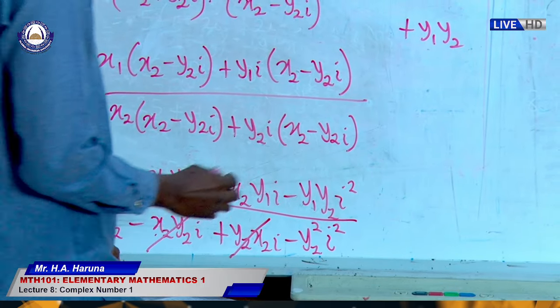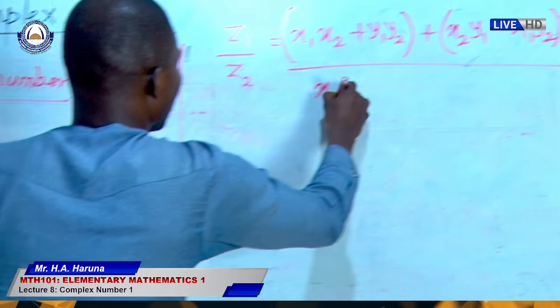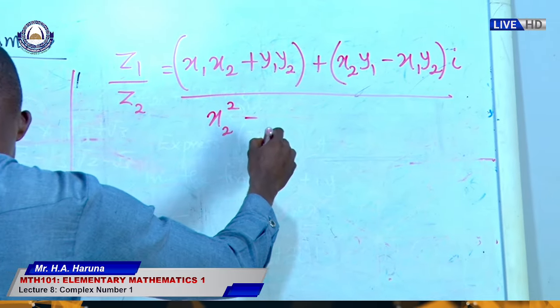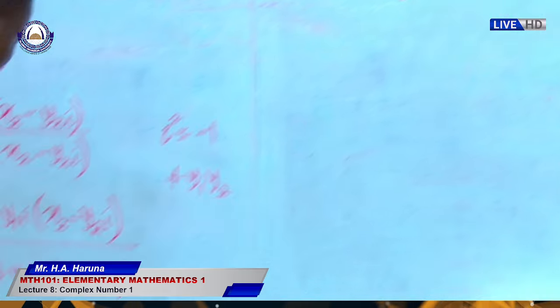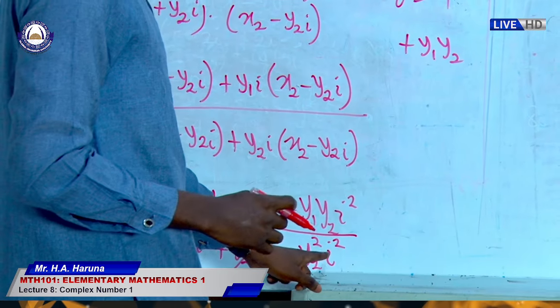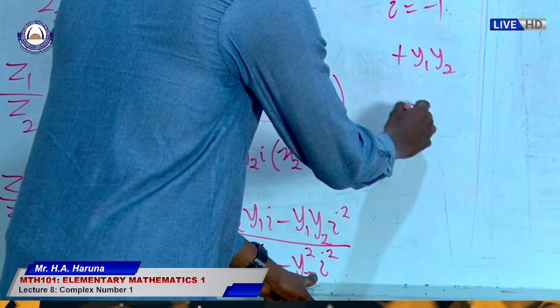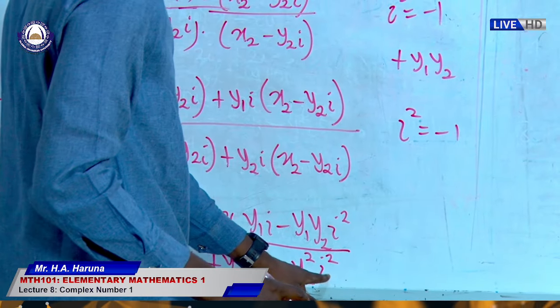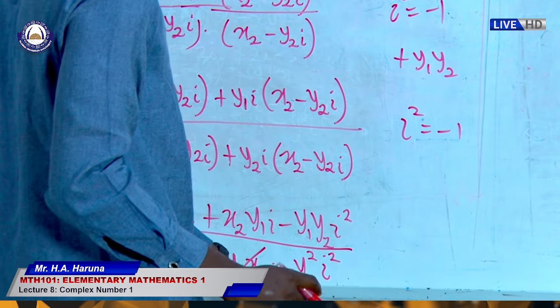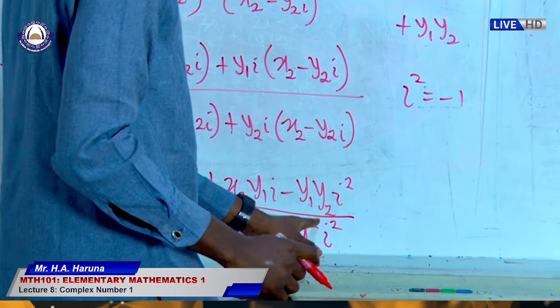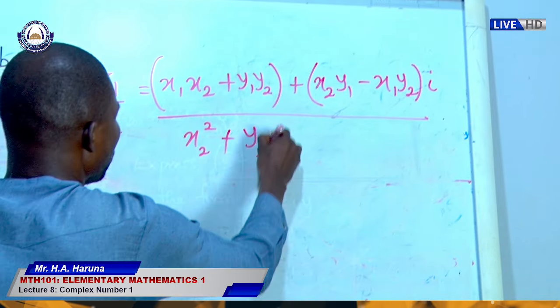Now recall that we have eliminated this, because it's 0. Then you have x2 squared minus, now it's supposed to be x2 squared minus y2 squared i squared, but recall that i squared is equal to minus 1. So minus 1 times minus y2 squared will give me plus y2 squared.